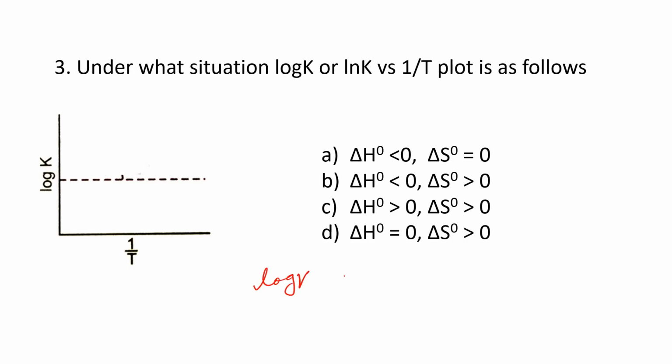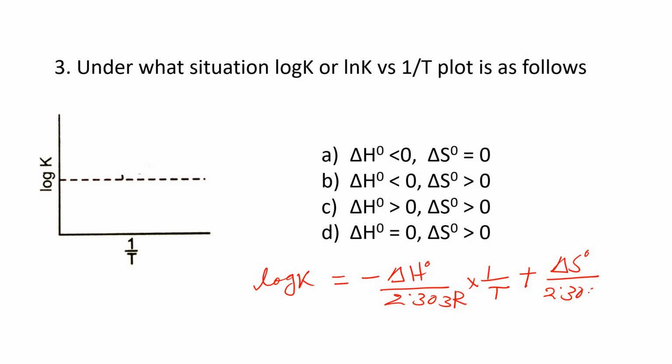Log K is equal to minus delta H0 by 2.303 R into 1 by T, then plus delta S0 by 2.303 R. Now, it is a straight line parallel to the x-axis. Parallel to the x-axis means the slope will be 0.